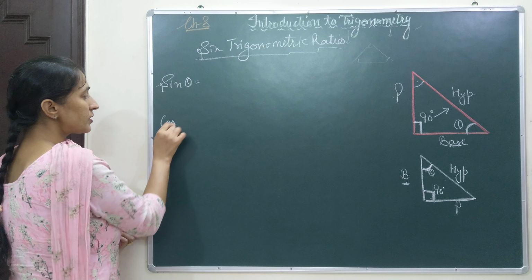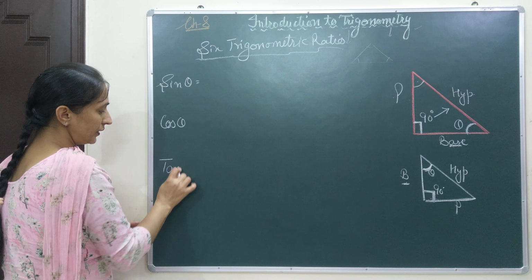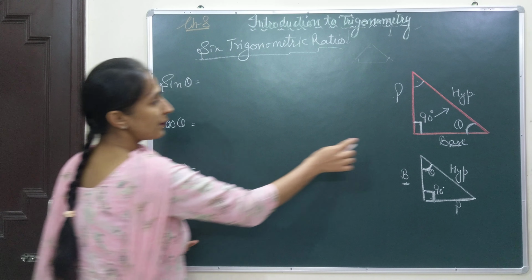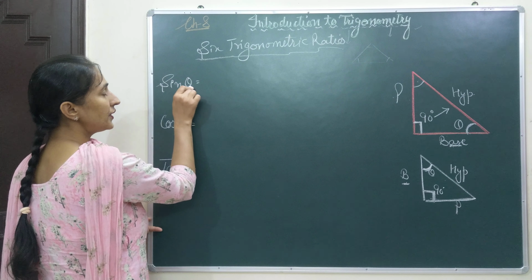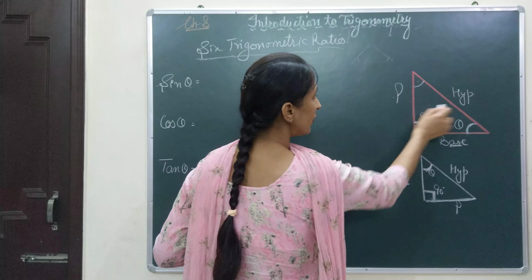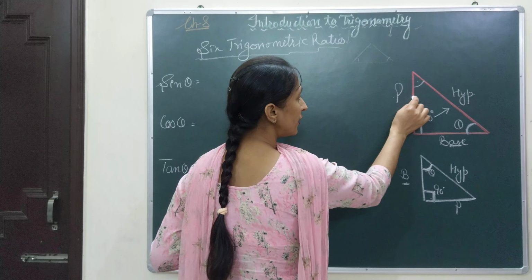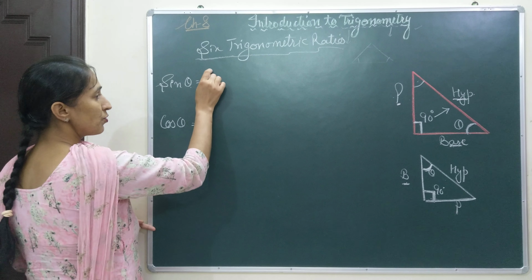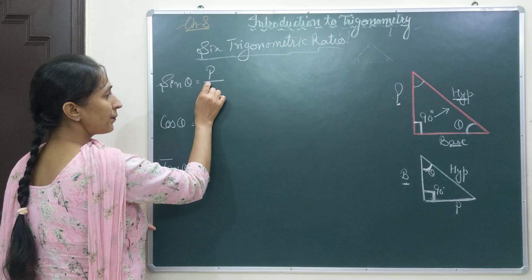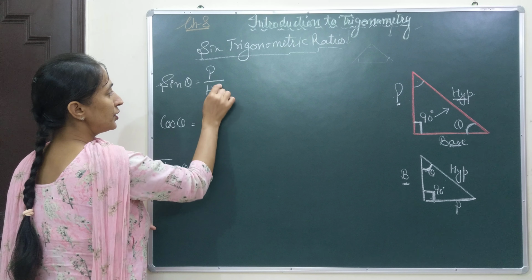The 3 basic ratios are sin theta, cos theta and tan theta, and these work with perpendicular, base and hypotenuse. When we are talking of sin theta, we will be taking perpendicular and hypotenuse. In the numerator, we will keep perpendicular and in the denominator, we will have hypotenuse. So, sin theta is actually perpendicular by hypotenuse.